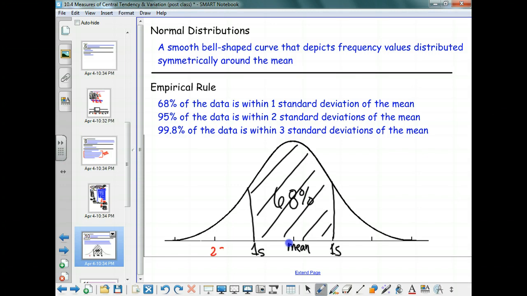If you go out two standard deviations in either direction, I know I'm not putting positive or negative, I'm just talking about distance here, so that's why you're seeing that, okay? If you go out far enough that you're spread out two standard deviations, how much value is between there, does it say? 95%. So from here to here. So all of this area, including the part that we just trapped in the middle, including that piece, that is 95% of the data.